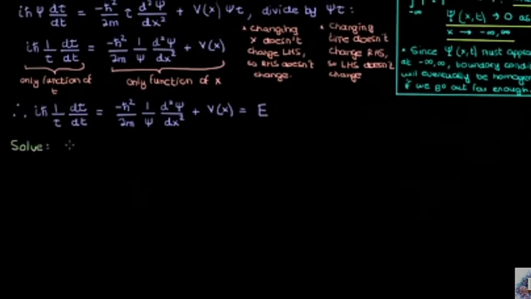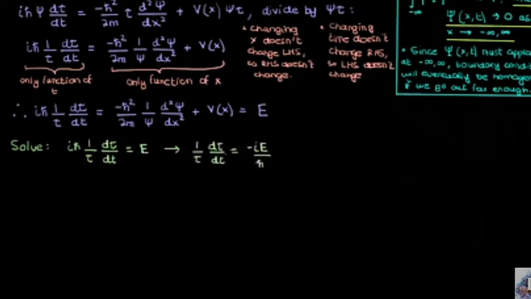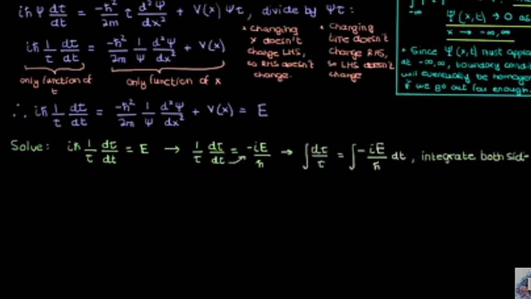I will now be solving the time part of the separated Schrodinger equation. I will move all known tau terms to one side. It means that moving i h bar to the right hand side, we will create a negative sign out front. That means 1 over tau times d tau dt is negative i E over h bar. You can quite easily solve the equation by moving dt to the right and integrating both sides.